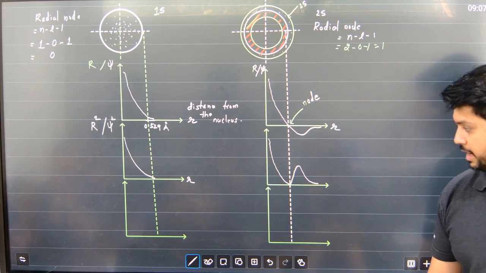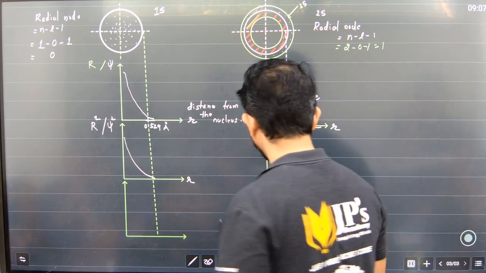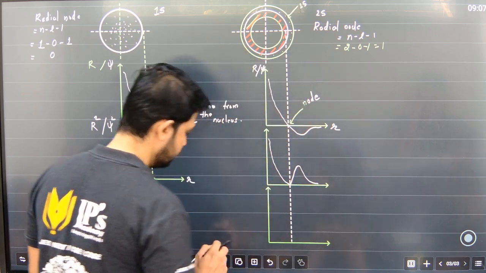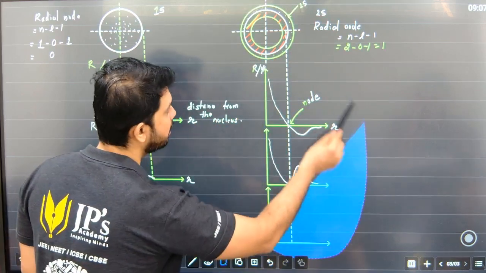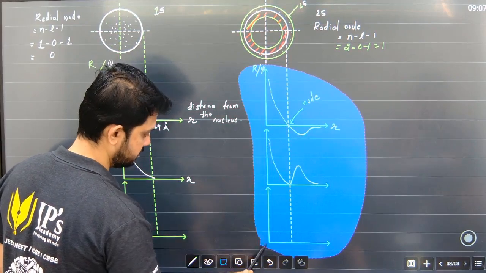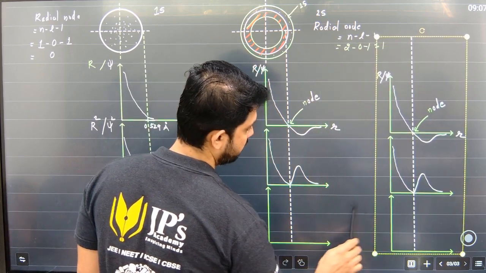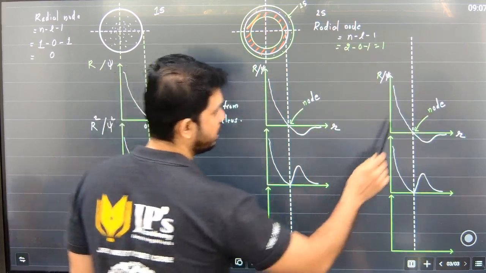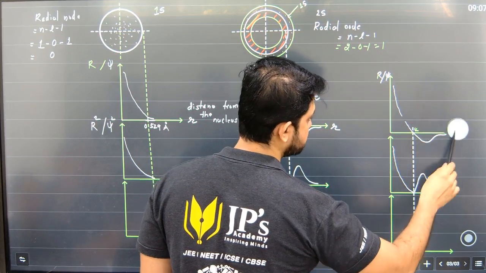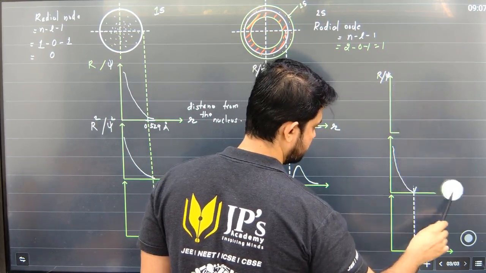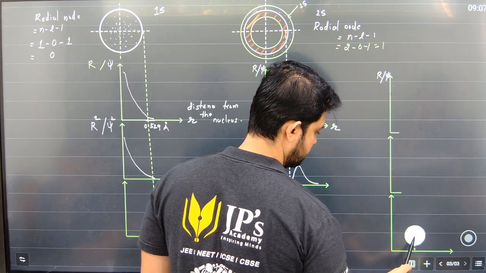Yes or no? Now if I want to plot the same for 3s, how will the plot look like? I repeat, I want to plot this for 3s. How will the plot look like?